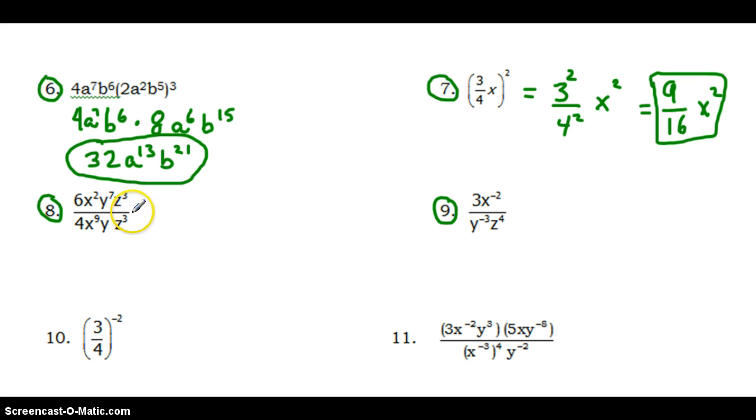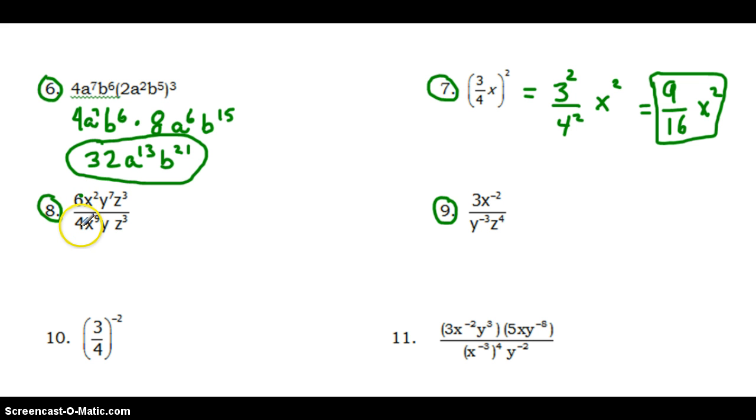All right, for number 8, we are looking at dividing here. So just like we would divide the numbers, 6 divided by 4, we'll be dividing the variables. And when we divide variables, remember we subtract the exponents. So first let's think about 6 divided by 4, and we would just try to reduce that fraction, or if we could make it an integer we would, but in this case we can't. We can only simplify by dividing out a 2.